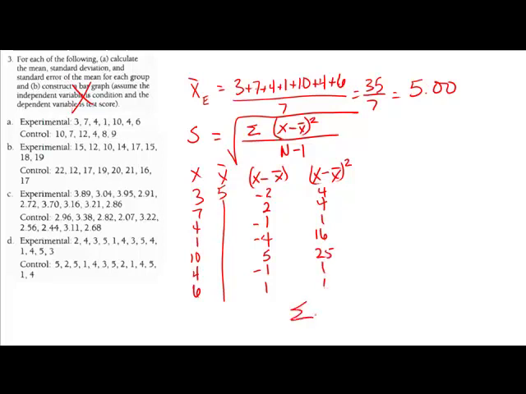I need the sum of this. 4 plus 1 plus 16 plus 25 plus 1 plus 1 is 52.